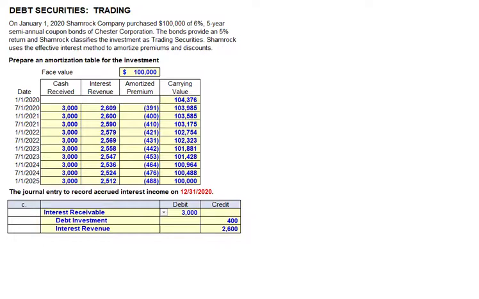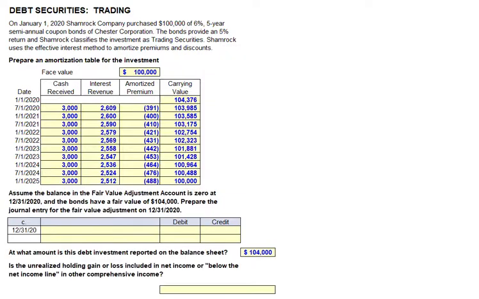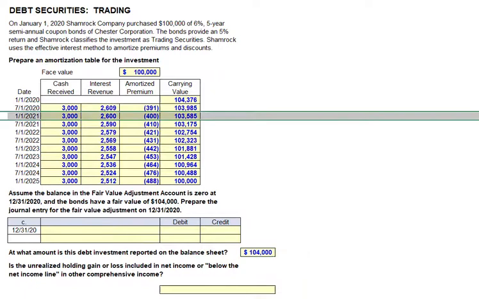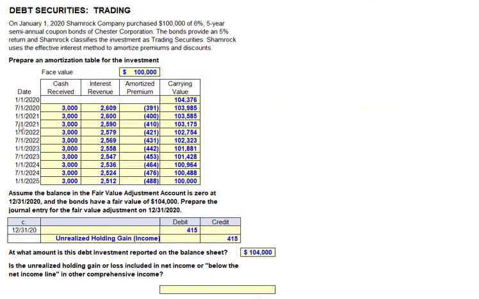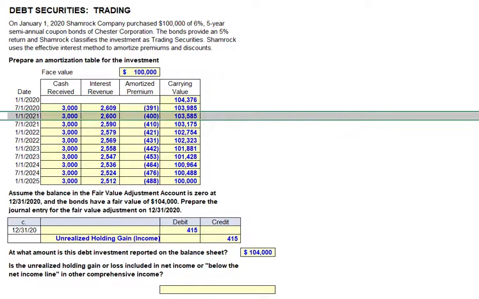Let's go ahead now and take a look at a fair value adjustment. We're told to assume the balance in our fair value adjustment account is 0 at 12/31/2020, and the bonds have a fair value of $104,000. Prepare the journal entry for the fair value adjustment. So our bonds are being carried on our books right now at $103,585.